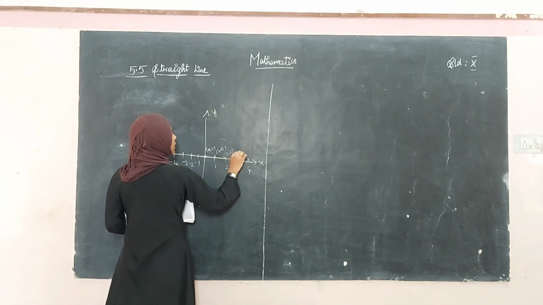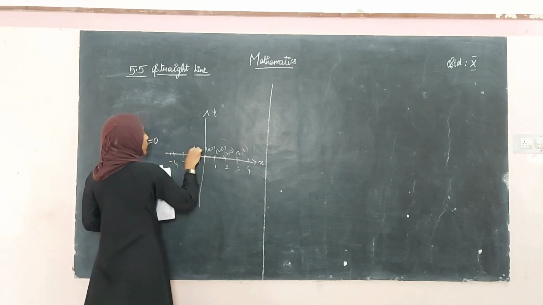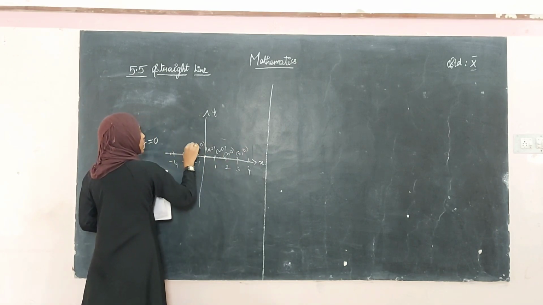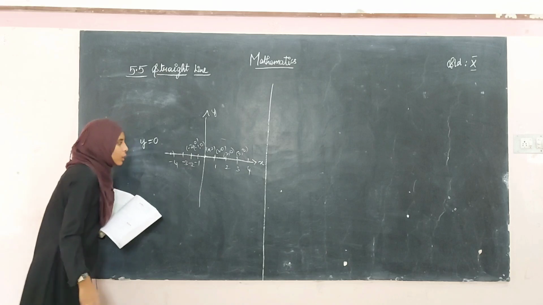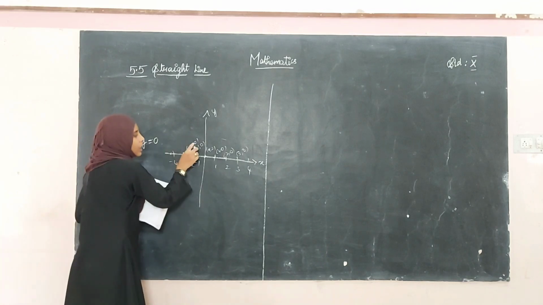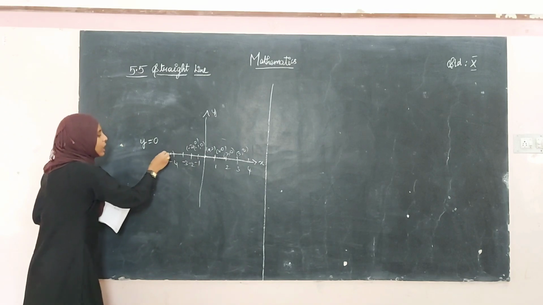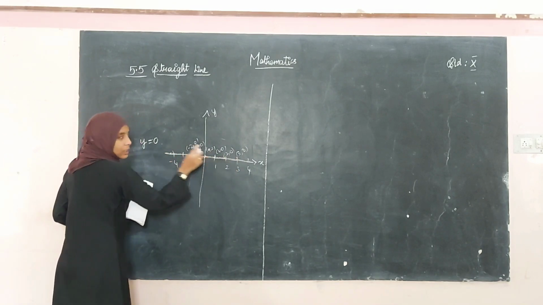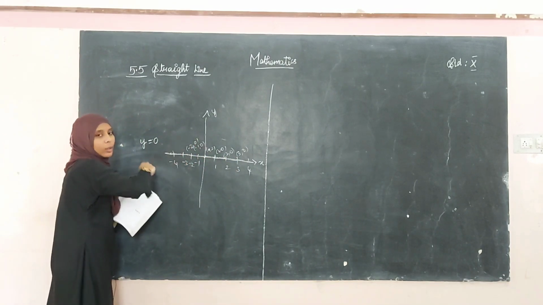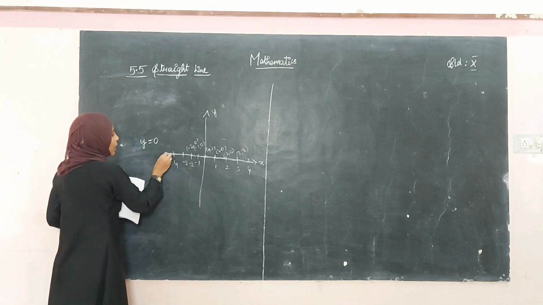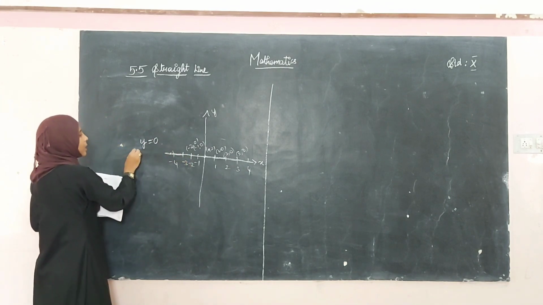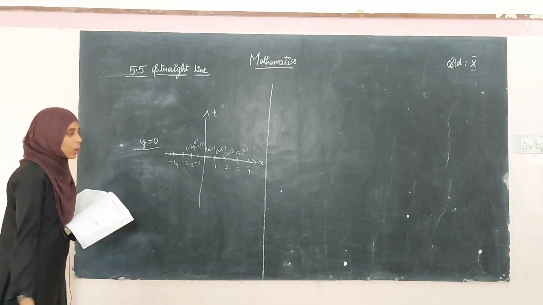This is 3, 0. Minus 1, 0. This point is minus 2, 0, right? So for this line, the y coordinate is always 0. Therefore, for denoting this x-axis, these two axes being called the coordinate axes, we write the equation y is equal to 0.